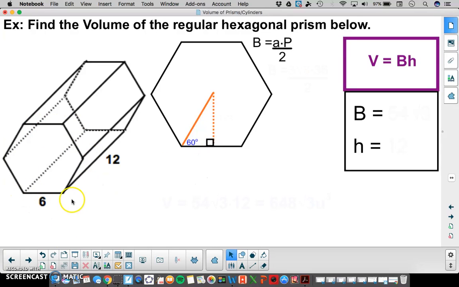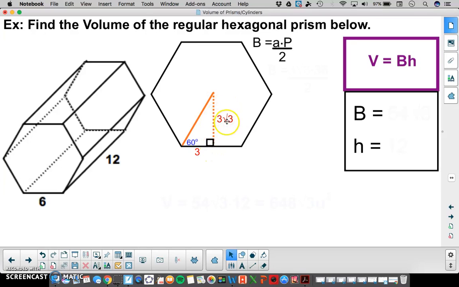We're given that one side is 6, so the perimeter of that hexagon will be 36. I need to find the apothem using that 30-60-90 triangle with the apothem, radius, and half of the side, which is 3. The 3 is our 30, so across from the 60 will be 3 root 3. And the 3 root 3 is our apothem's measure.